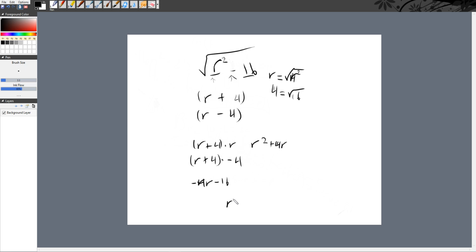So when you put those together, r squared plus 4r minus 4r minus 16, these two cancel each other out, so then it just becomes r squared minus 16. This would be your final answer, since it's the difference of squares.